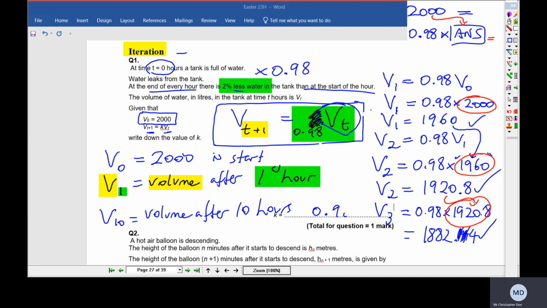Say you were given the formula, so for this we'll use this one as an example. If it tells you you need to work it out for 3 hours, you just type in 2000 times 0.98 power 3. You could for this one, yeah. If it's just a multiplier, then yes.